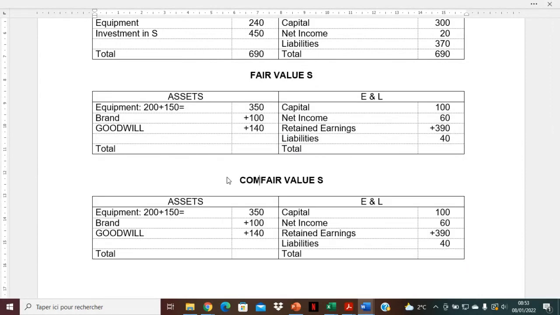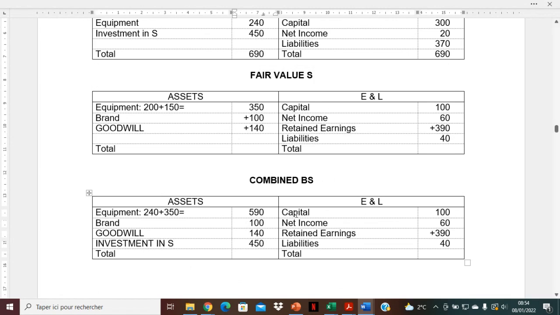If I copy this, we prepare the combined balance sheet. That means equipment of 240 for the parent and 350 for the subsidiary, so 590 in total. We have the brand, we have goodwill already in the balance sheet, and we have the investment in S at 450.